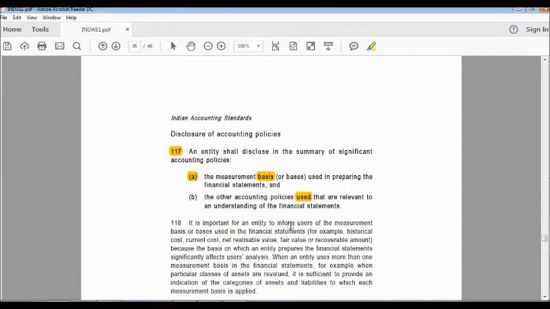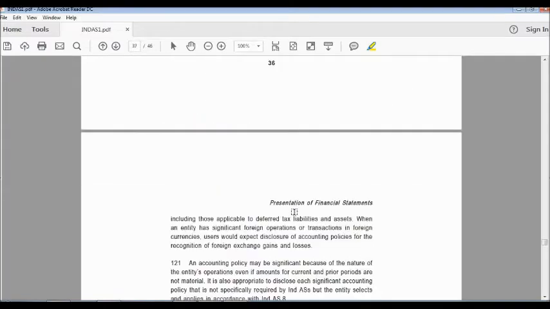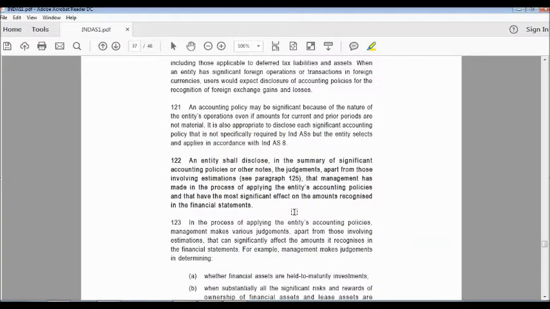Earlier under accounting standard number 1, the only thing mentioned was what is now given in clause B of paragraph 117. Just a few things were given under earlier accounting standard 1, where you simply had to disclose accounting policy in one place so that the user can get the idea. But here this is just a part of this standard, which is a huge standard. Everything is mentioned in this Ind AS itself.